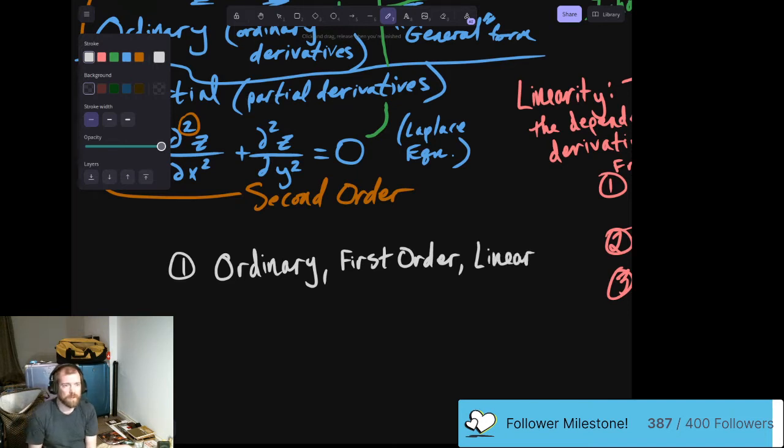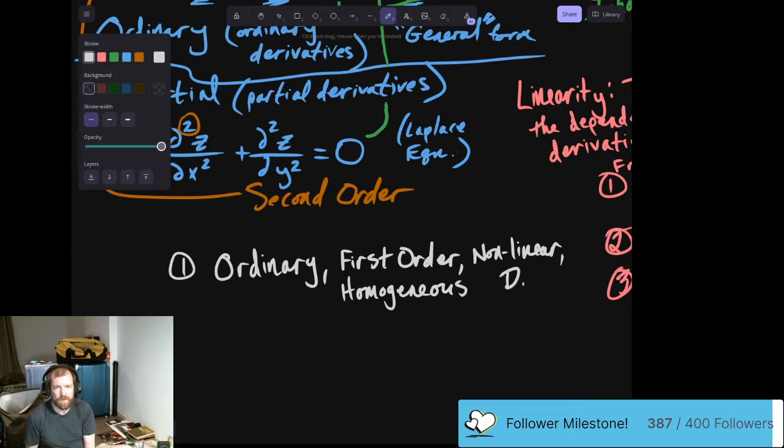Sorry, this is nonlinear, and homogeneous, differential equation. In case anybody is confused about what we're talking about.